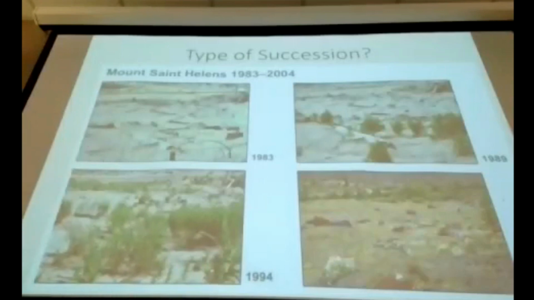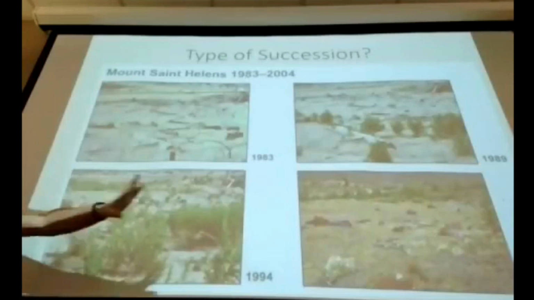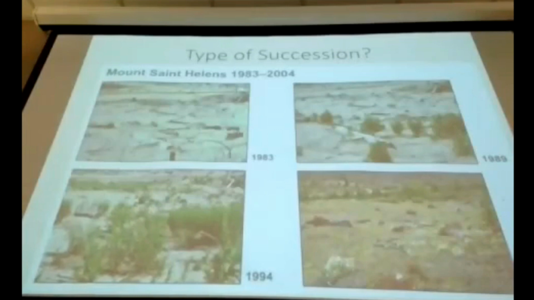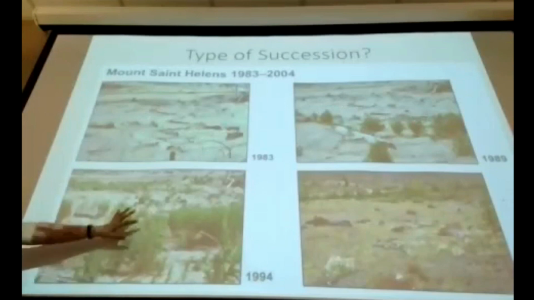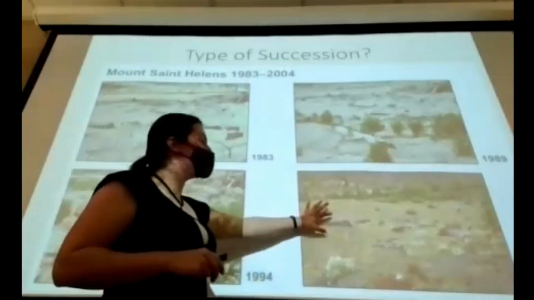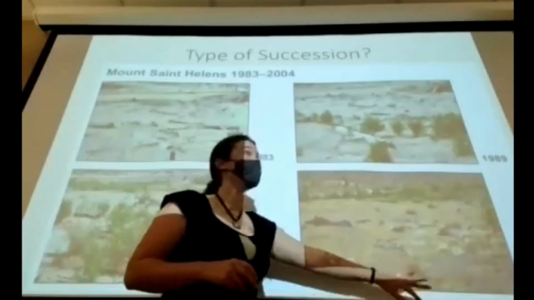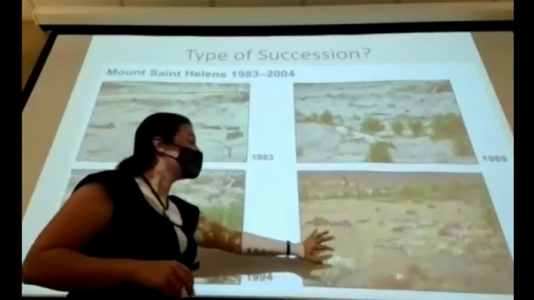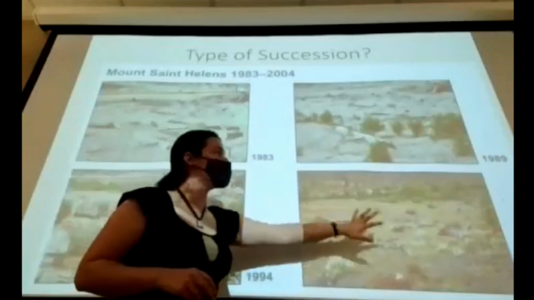So these images are, again, approximately the same spot over 20 years. Well, actually, 24 years from the eruption. And so we can see that it changes over time. Here, just like a tiny little fluff of green. Over time, there's some shrubs, some herbaceous plants, and then finally, right, and this is even more developed now, we can see a pretty high level of diversity.